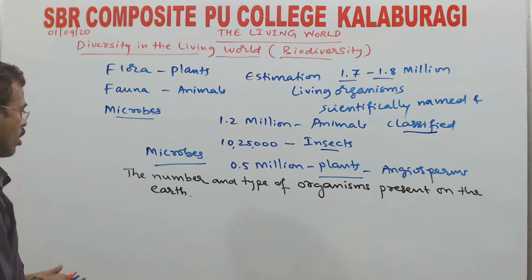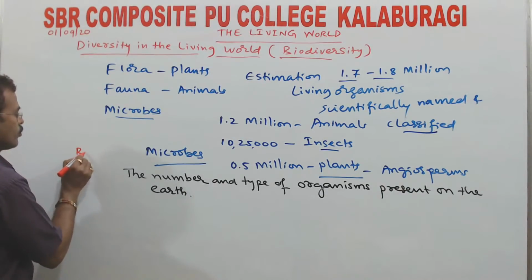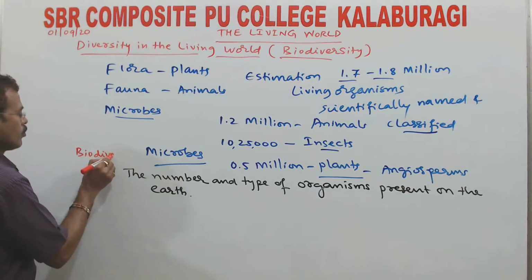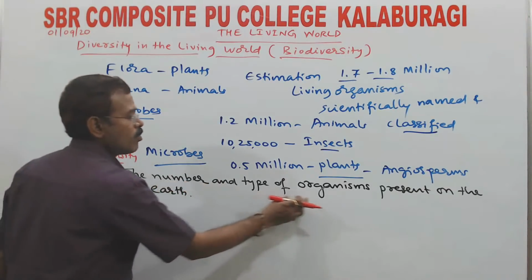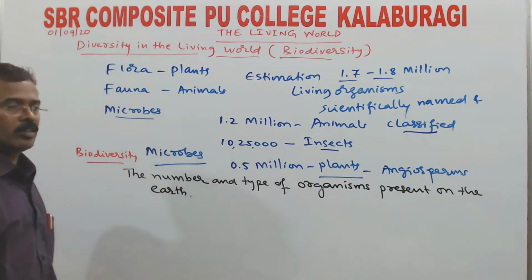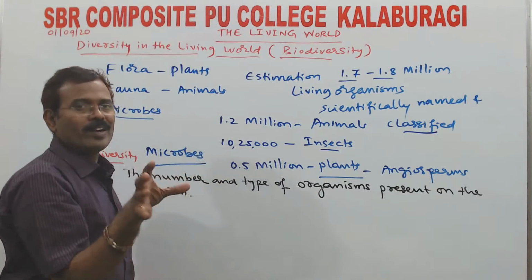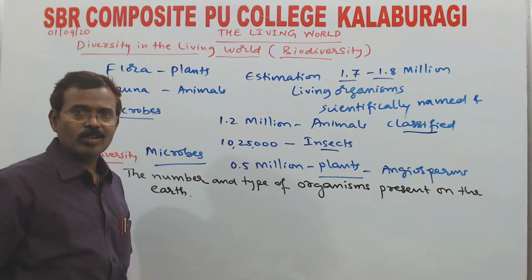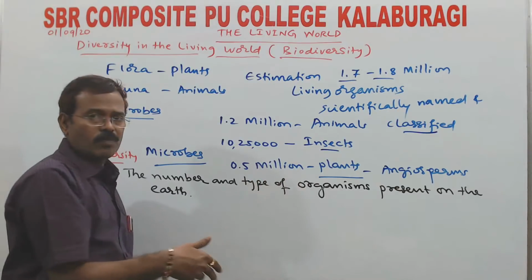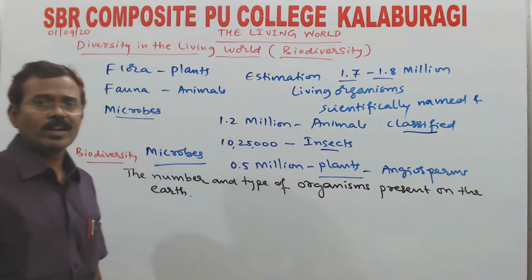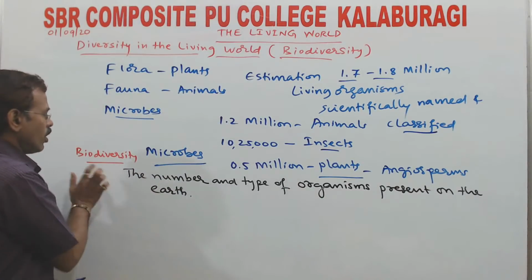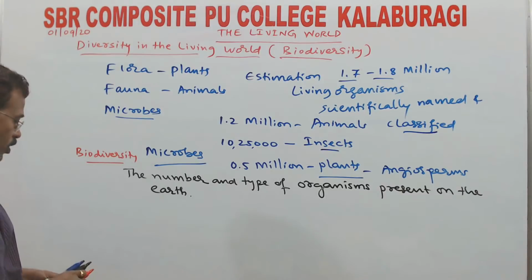One mark, very important. What is the definition of biodiversity? The number and type of organisms present on Earth. These are the numbers, the approximate range, and different types of organisms are there: plants, animals, microbes. They are present on the Earth, so that we call biodiversity.